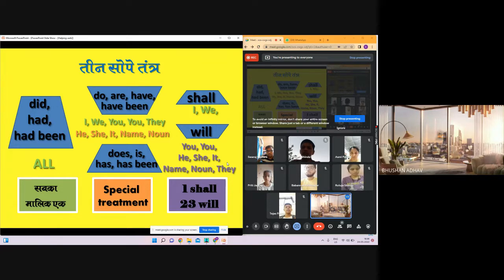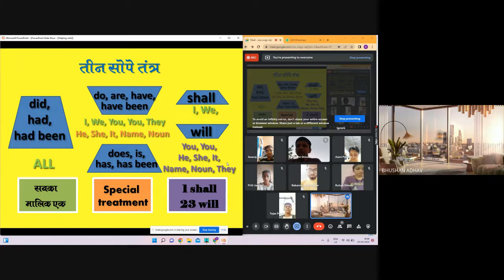Correct? So right now we have an idea whether a particular sentence is from the past, present, or future. Did, was, were, had been for the past. Do, does, am, is, are, have been for the present.